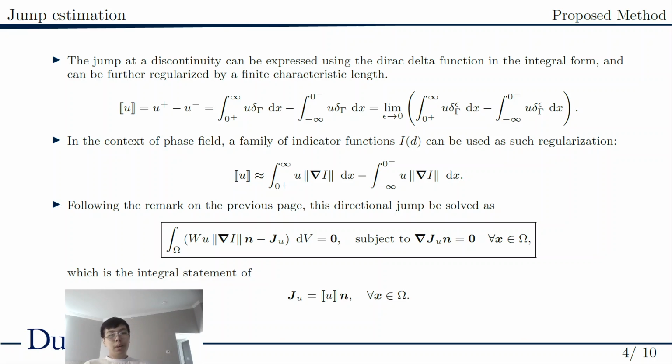So the directional jump can be solved by projecting this integrand onto this auxiliary field subject to the pathwise constant constraint, which is the integral statement of the directional jump, equal to the jump in the field variable times the crack surface normal for any point inside the phase field bandwidth, which is compactly supported.